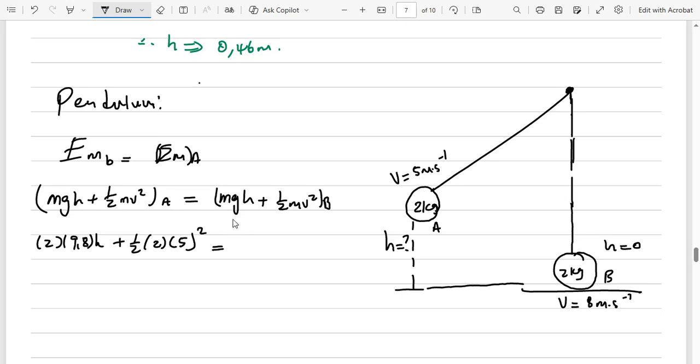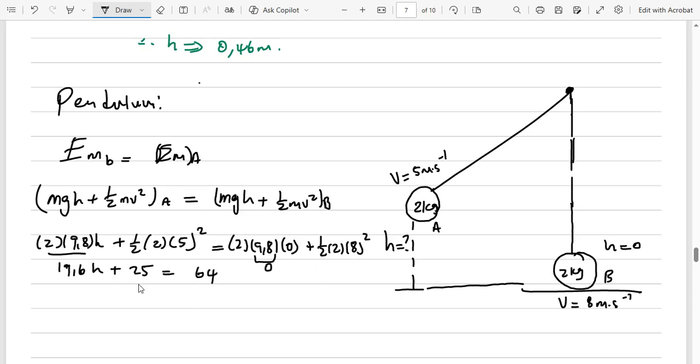Now the mass is 2 into 9.8. The height at B is 0. Plus 1/2, the mass is 2 and the velocity is 8, squared. So this is 19.6 H plus 5 squared, that's 25, because the 2 cancels. And on the other side, 8 squared is 64.